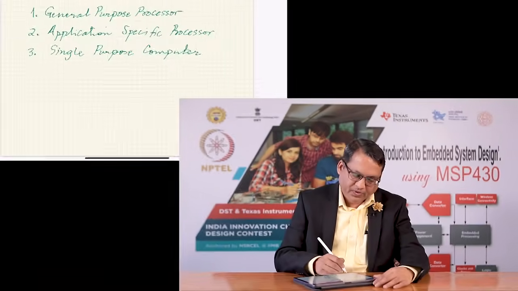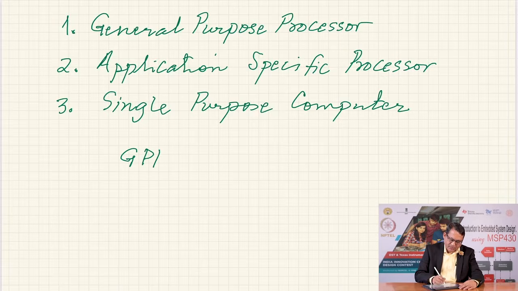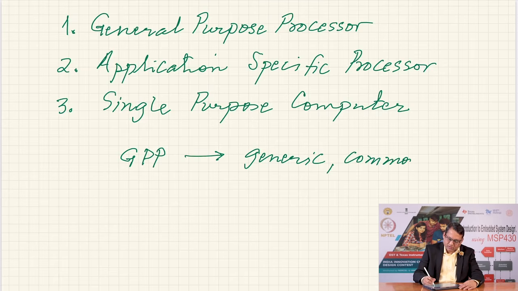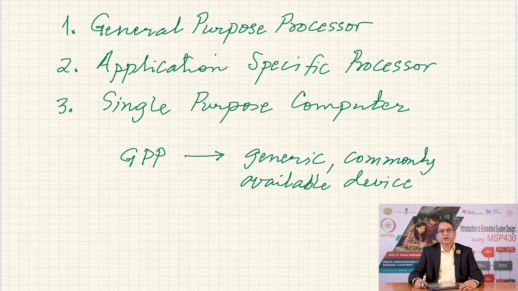It turns out that a general purpose processor you can have ready made provided by some manufacturer, and this would be called a generic commonly available device. For example, you could take 8086 or you could take 68000. These are examples of general purpose processors.